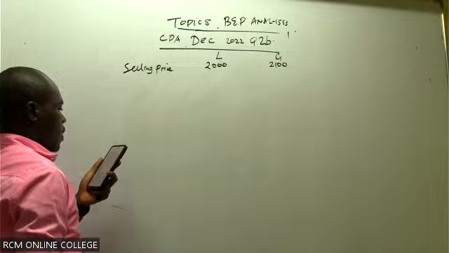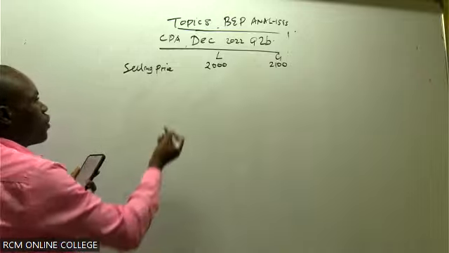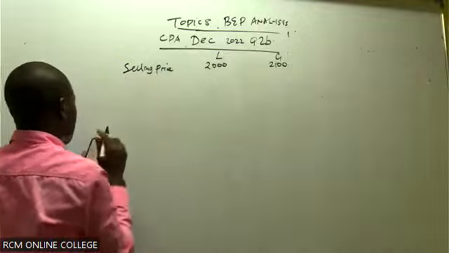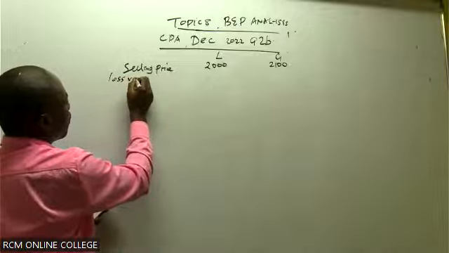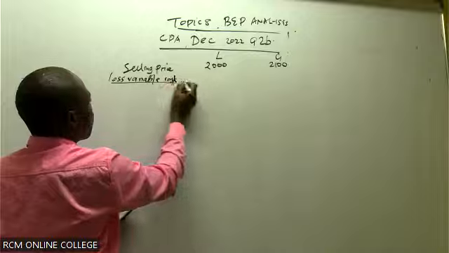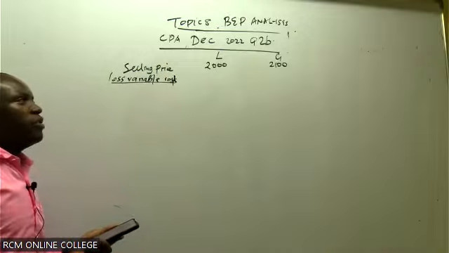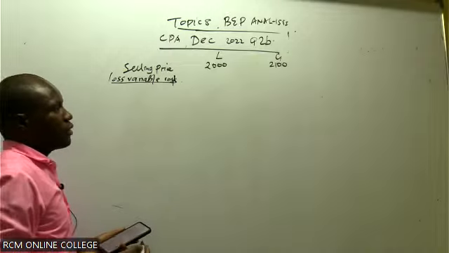Then we are given variable costs per unit. You can decide to push all of them one by one, or you give just a total of variable cost. So less variable cost. Remember, I'm giving you a format whereby you'll be able to get everything at once.